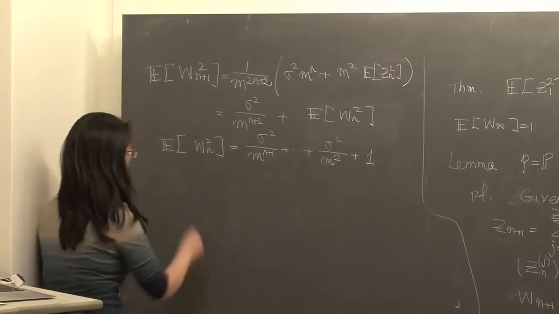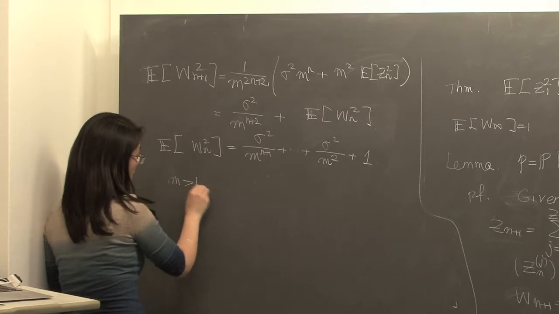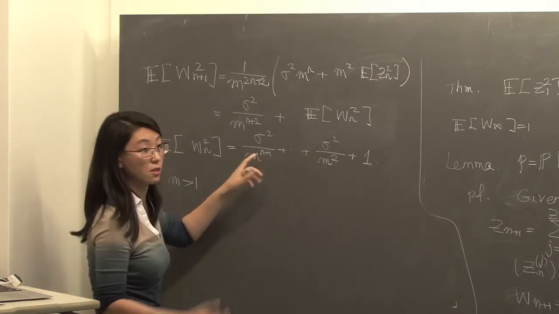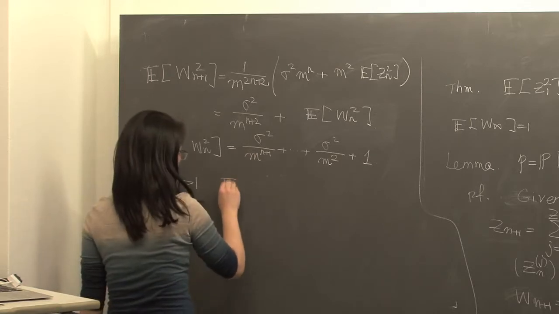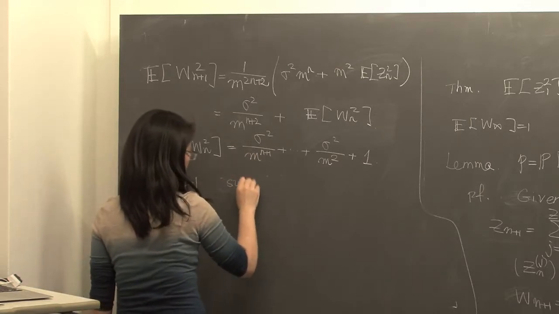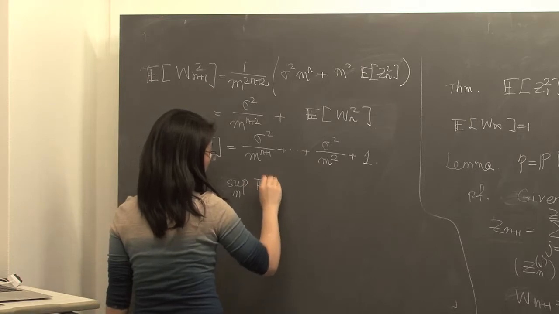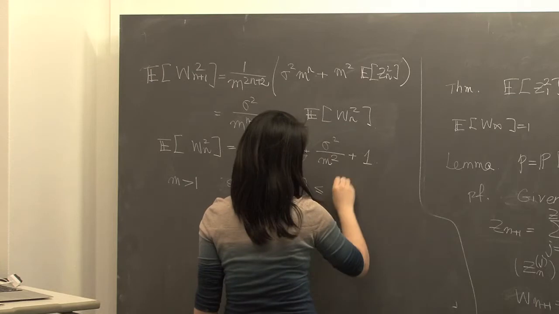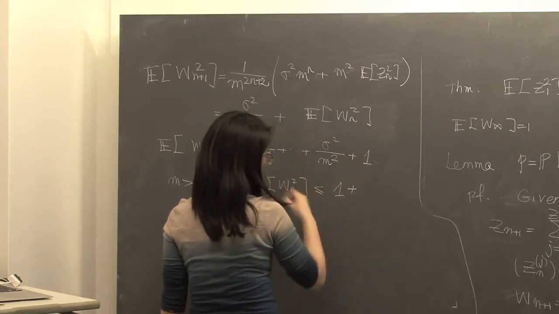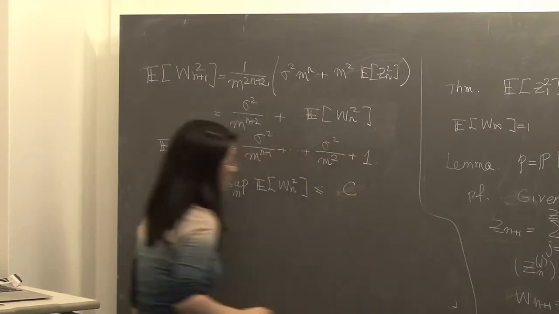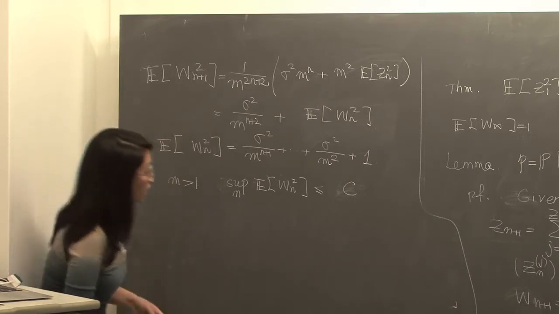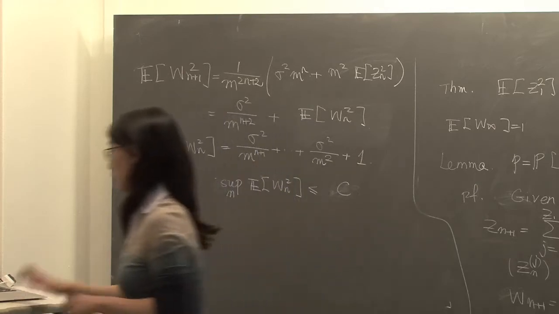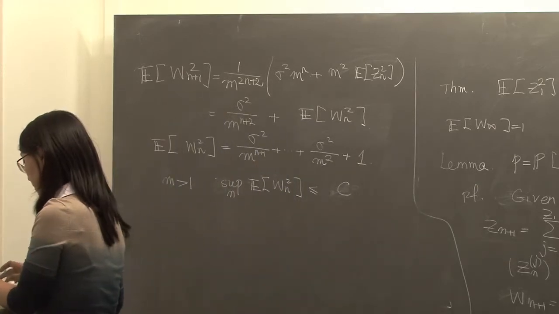And here, since our m is strictly greater than 1, we know that for the right-hand side, as n goes to infinity, it is bounded by a universal constant. And this proves that this Wn is a martingale bounded in L2. And this completes the proof of this theorem.